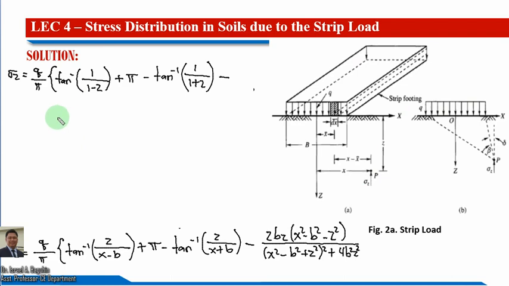So we have 2 times 2 again times our z, which is 1, and then the quantity x squared minus b squared minus z squared.